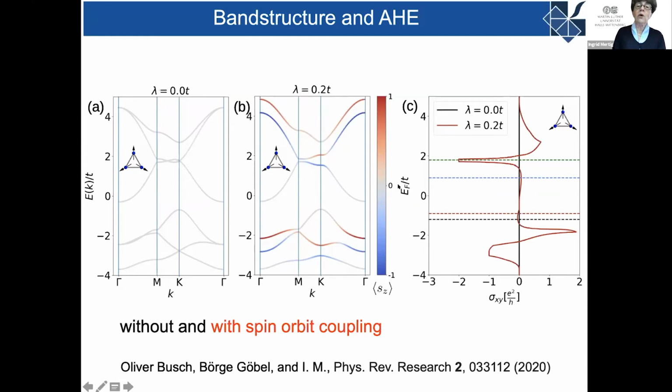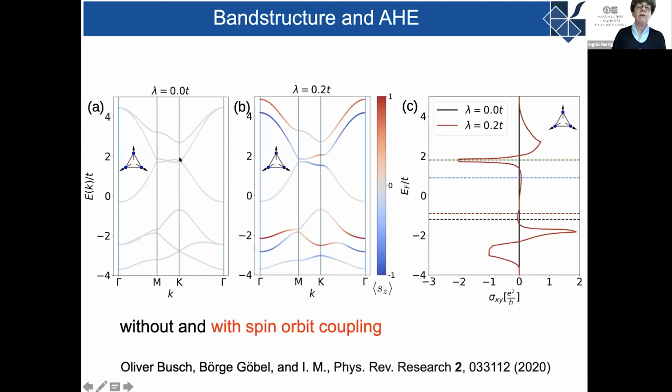So there is no z component of a magnetization. And as a result, you see in my figure a black line. So I don't have anomalous Hall effect in such a system, since I have this certain symmetry of time reversal and mirror plane. Now, if I switch on spin-orbit interaction, mirror symmetry is broken.